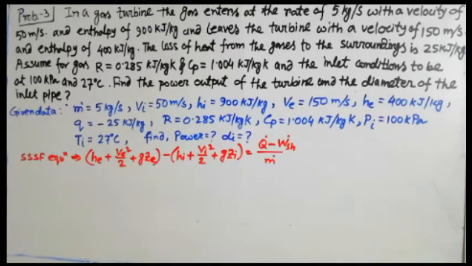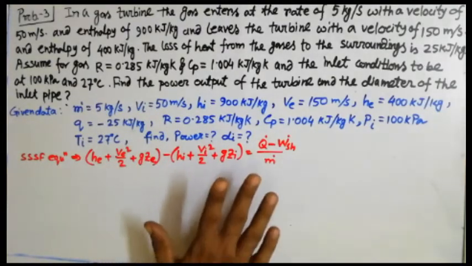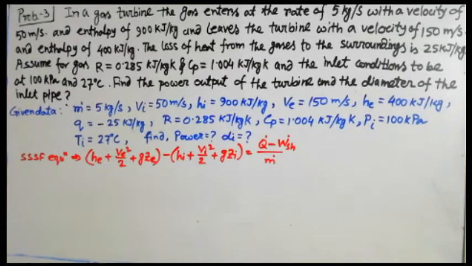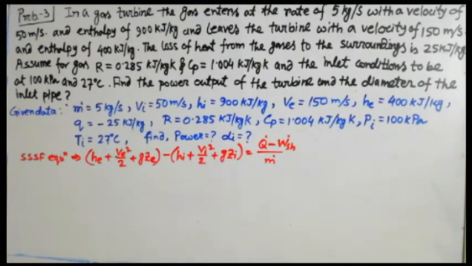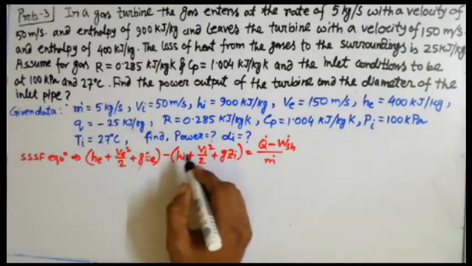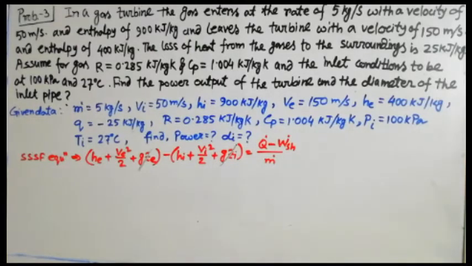But here heat loss is mentioned, so you cannot consider the process isentropic. Also the inlet and exit velocities are not the same, since velocity is magnified from inlet to exit, so you cannot ignore it. These two parts you can ignore because there is no data for elevation difference. The rest of the terms will be there.